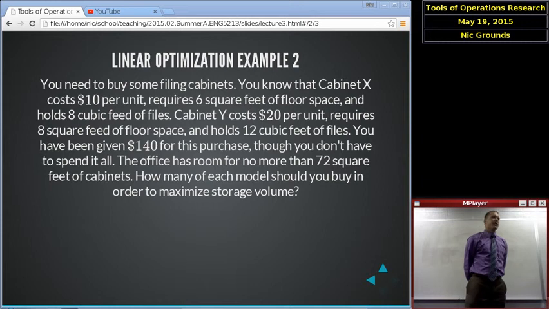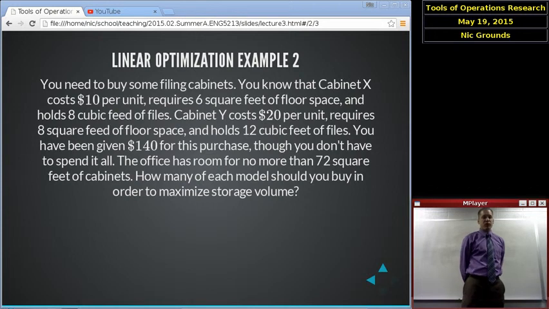All right, you need to buy some filing cabinets. You know that cabinet X costs $10 a unit. It requires 6 square feet of floor space, so that's how wide the base is. And it holds 8 cubic feet of files. Cabinet Y costs more, $20 per unit, requires more space, 8 square feet, but holds more files, 12 cubic feet.